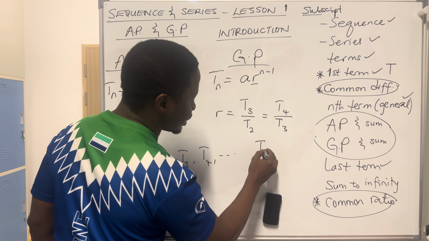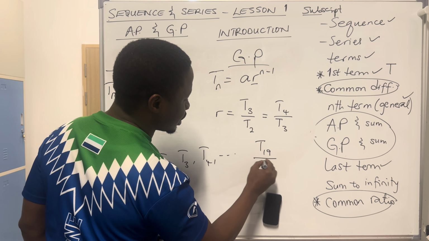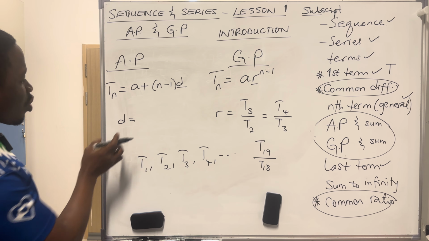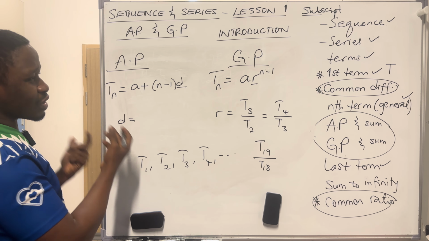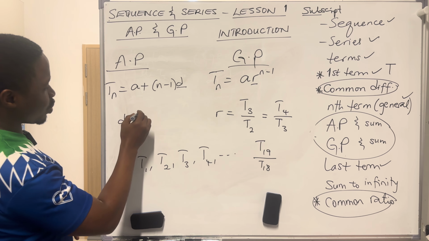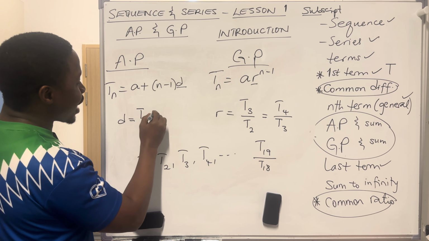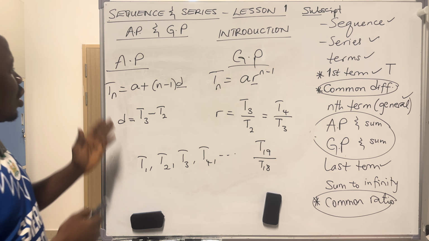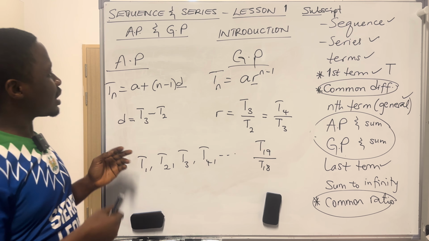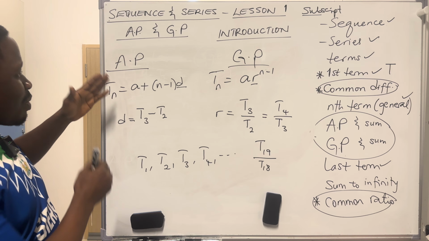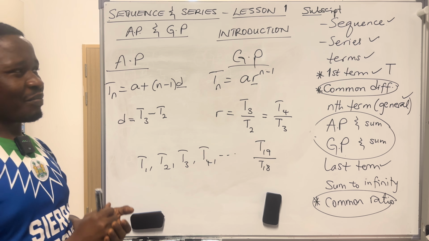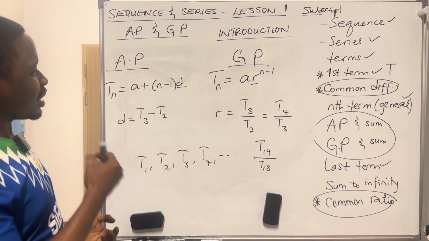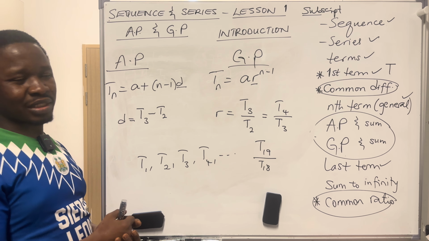Once you say T19, it has to be T18. And on the other hand, the common difference is this minus this, so a specific term minus the preceding term. When we talk about AP and GP, they are unique terms, or they specifically represent the nature of the sequence.